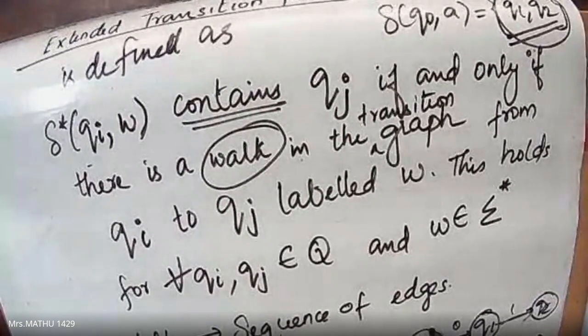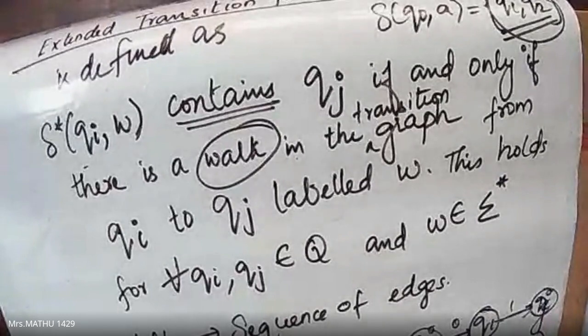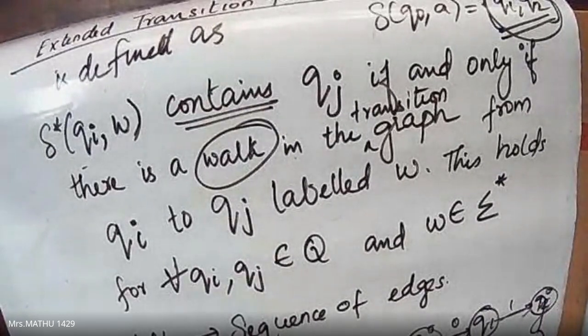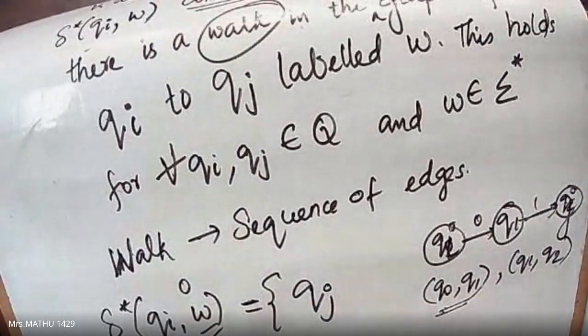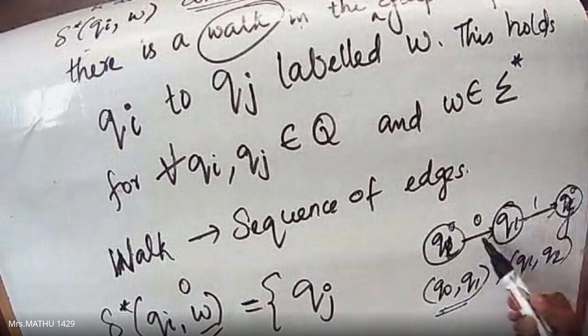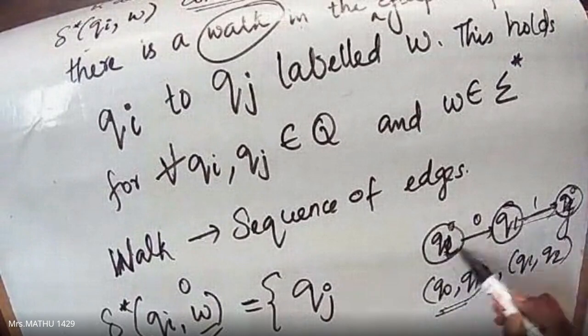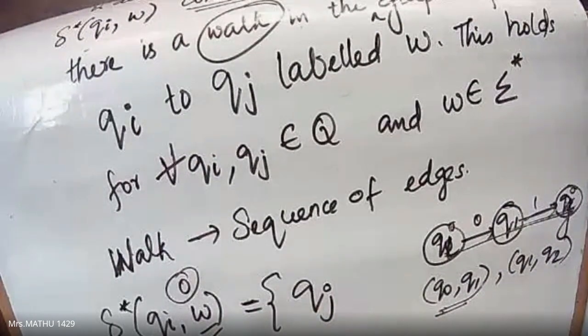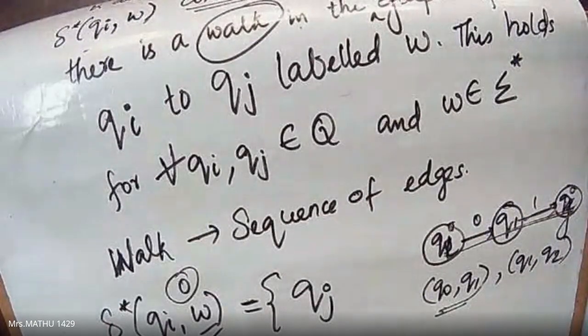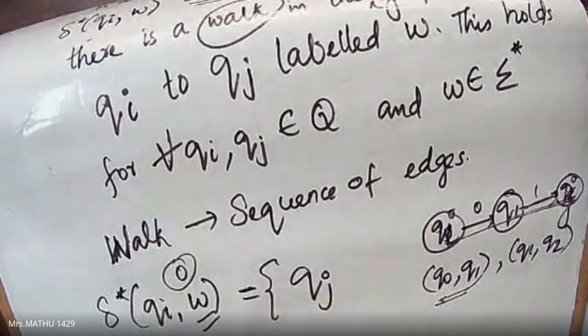For example, let us take this is Qi and this is Qj, and your string is 0. If in that particular walk, in that sequence of edges, you are able to read the given input string, then that state will be added into the set of output states. We'll see with an example so that you will understand it clearly.